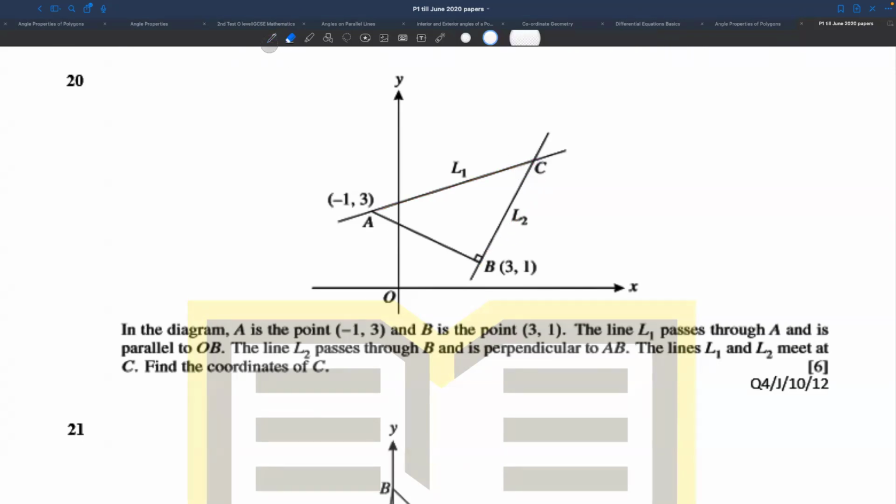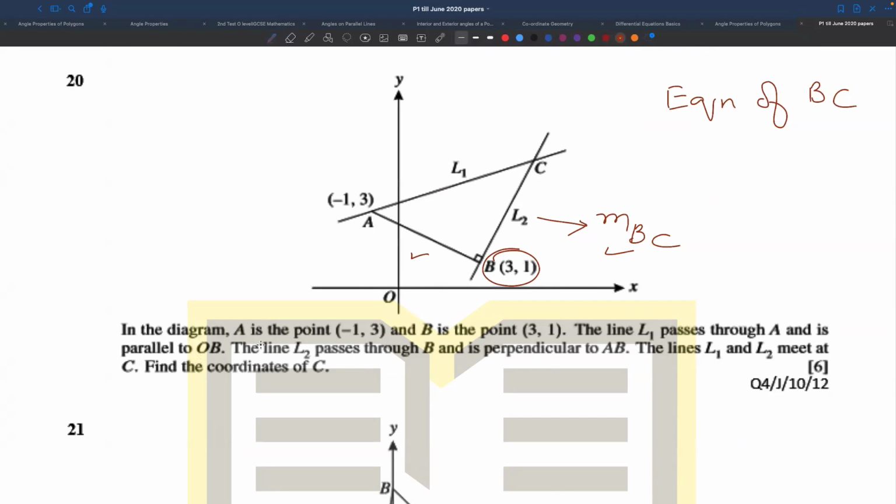Let's focus on that. Look, do I have the gradient of AB? Yes, I have, which means I also have the gradient of BC, perpendicular line. Okay. I have this point, I have the gradient, I can find the equation of BC very easily. Right? If you have done the practice for the equation. Okay.